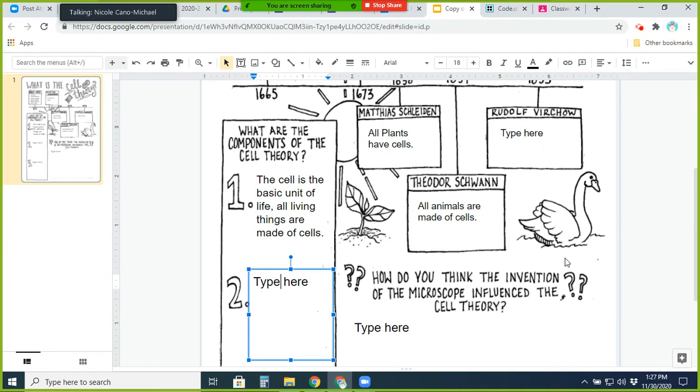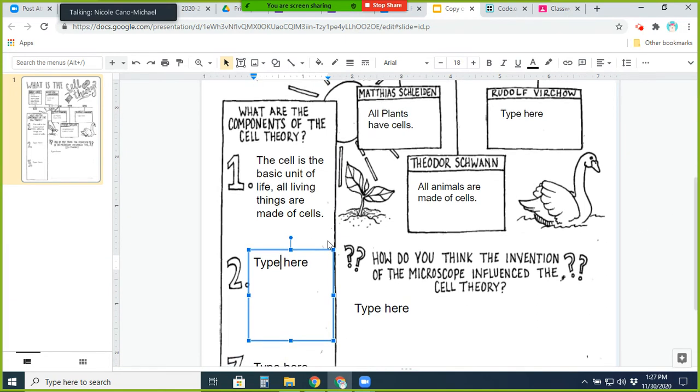Now, during this time, there's a lot of studying going on with cells, and the microscopes are getting better. So we're seeing more and more and more details. During this time, it's not one person that gets credit for it. It's like a bunch of people's work, so we don't necessarily give credit to one person. We find that the cells are the basic unit of function and structure in all living things.